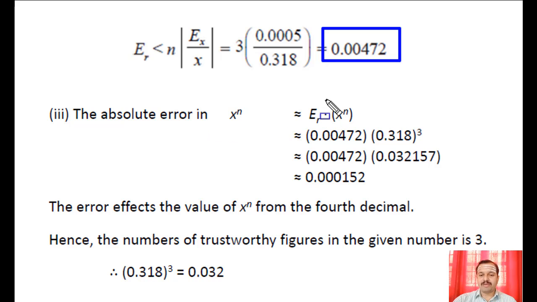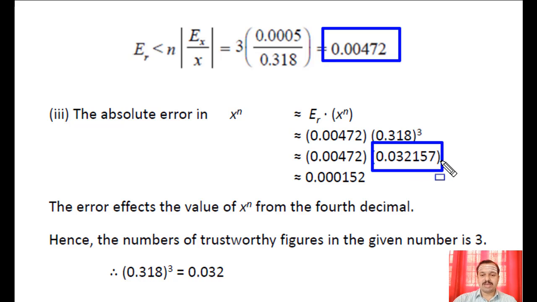Now we have ER in our hand, just now we have computed it. Let us substitute it, and x to the power n is the given number, that is 0.318 to the power 3. It is very simple to calculate this using the calculator. If you calculate x to the power n, the answer is going to be 0.032157.